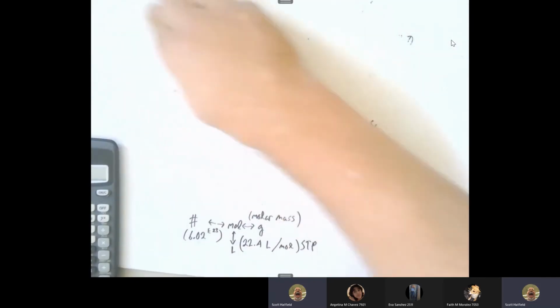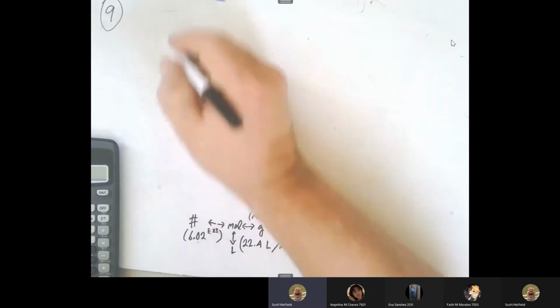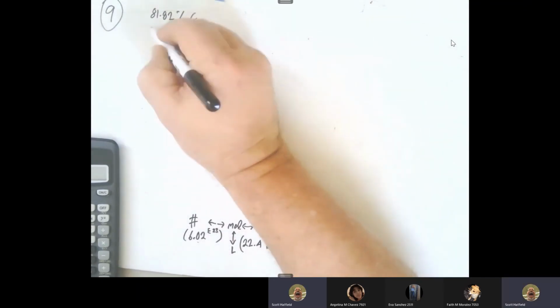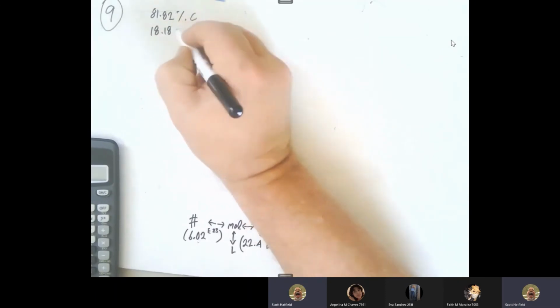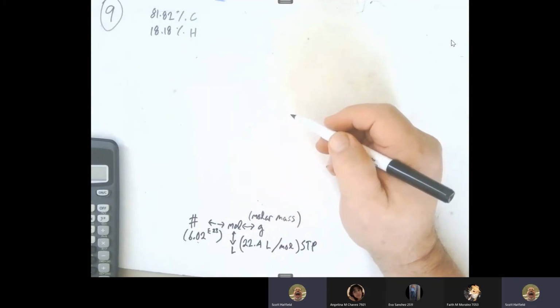Okay, so again, this is number 9. All right, so we are told that we have 81.82% carbon, 18.18% hydrogen, and we want to know what is the empirical formula.